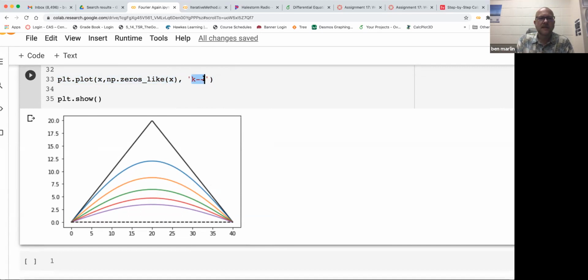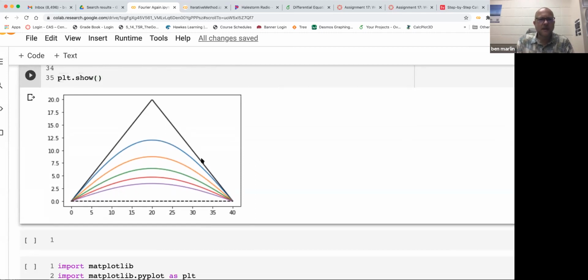And then I told it to make it K for black, B was taken for blue, and so they use K for black, and then the dash dash means that it's going to make a dash line. So there's several little patterns like that. If you say dot, it will make a great big globby dot on there. It's kind of hard to read, but if you go dash dot, you can get different lines.